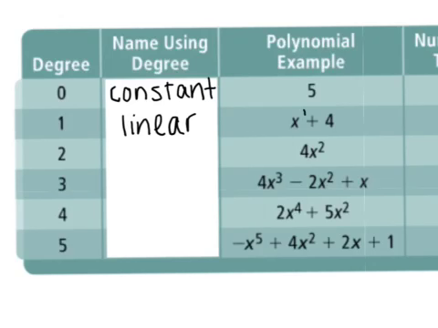Now we have something, 4x squared. It is to the second power. What is something called that's to the second power? Quadratic, right? We already used that one.